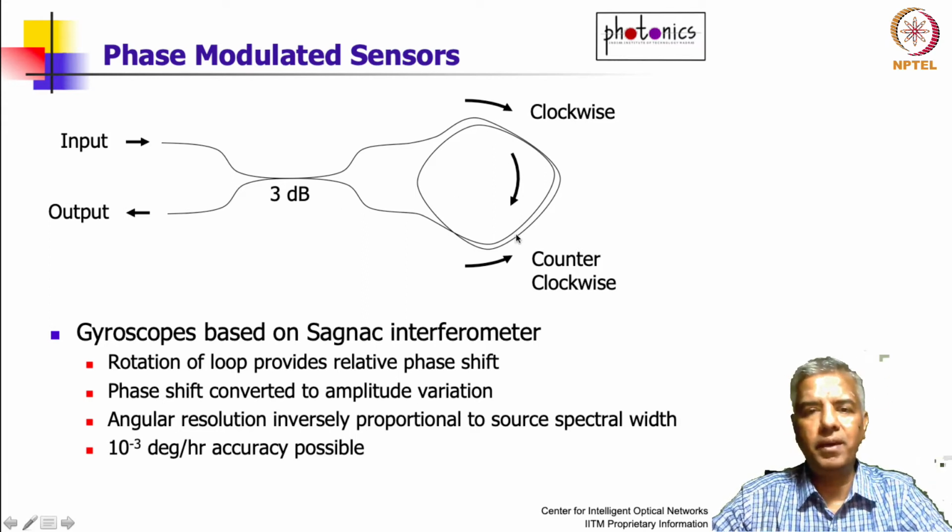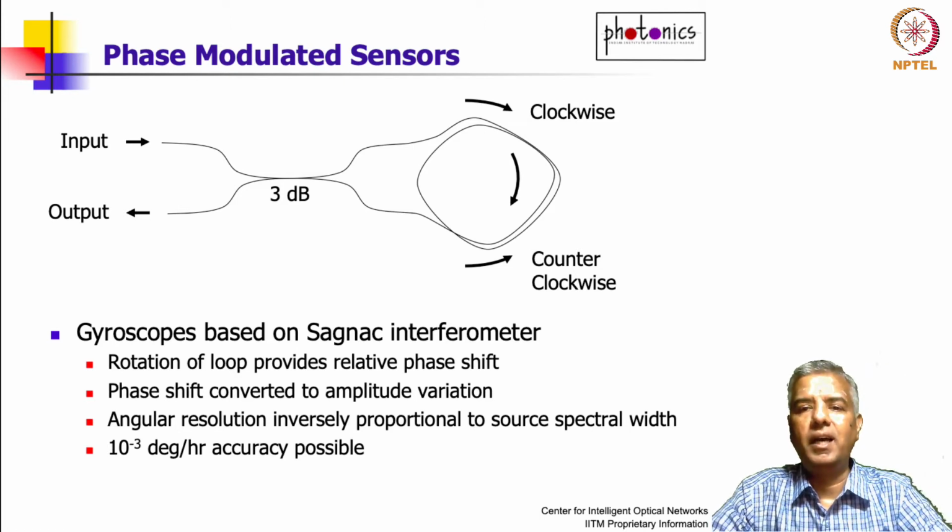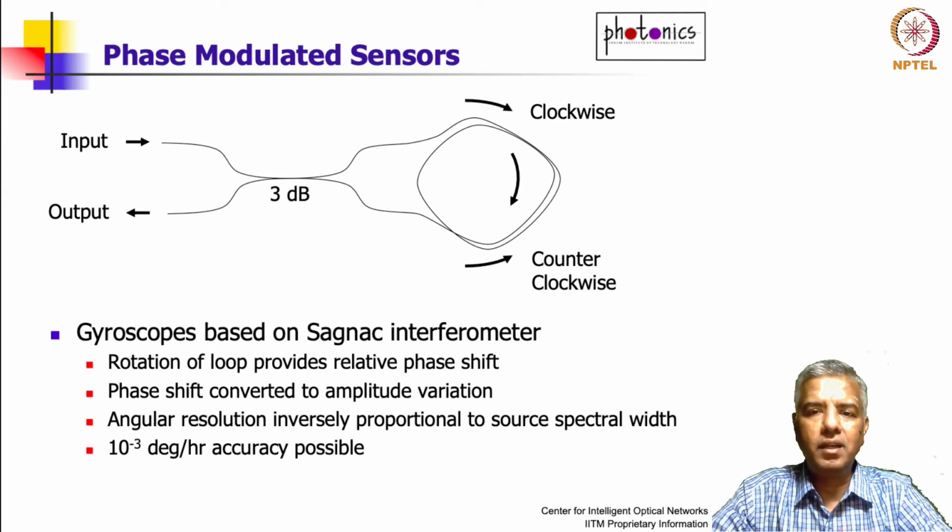So this is actually a very nice way of picking up rotation, and this is typically not very sensitive to anything else, because for any other normal change in the strain or temperature of this fiber, both the waves are experiencing that, so they'll cancel.